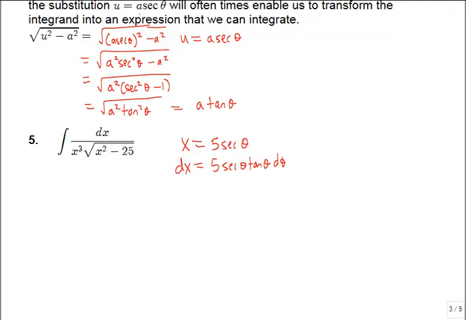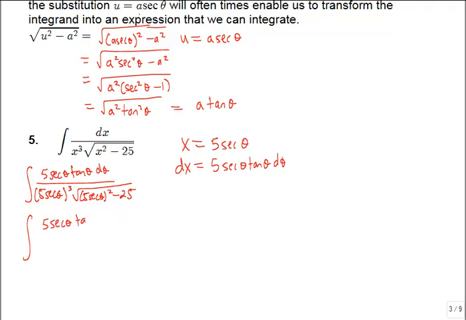So this integral becomes on top 5 secant theta tangent theta d theta. On the bottom, we're going to get 5 secant theta quantity cubed times the square root of 5 secant theta quantity squared minus 25. So that's 5 secant theta tan theta d theta over 5 cubed is 125 secant cubed theta.